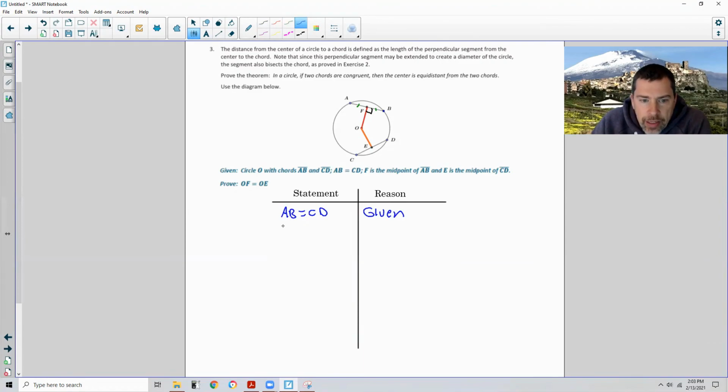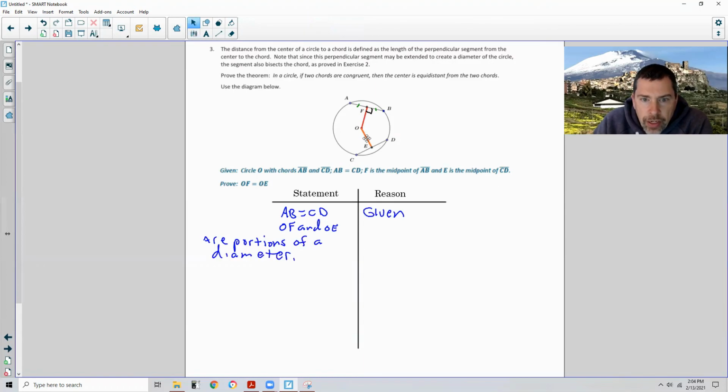And then we want to say that OF and OE are portions of a diameter. What does that mean?